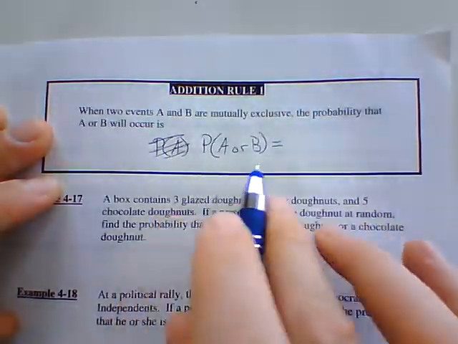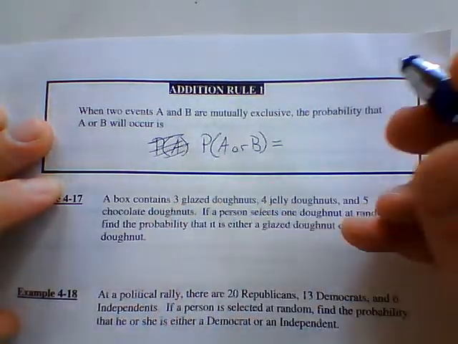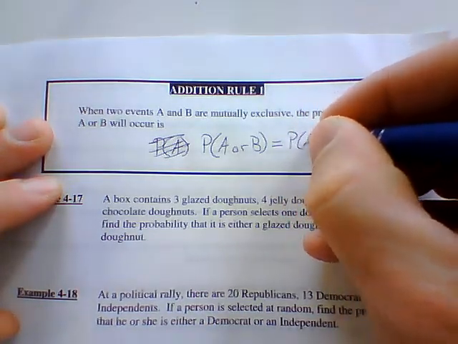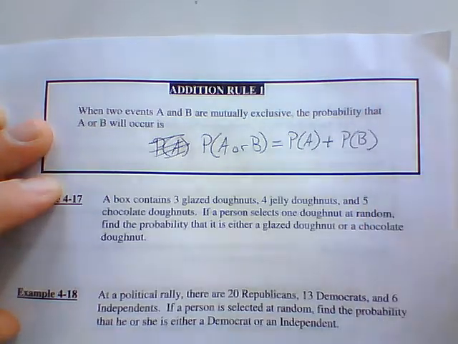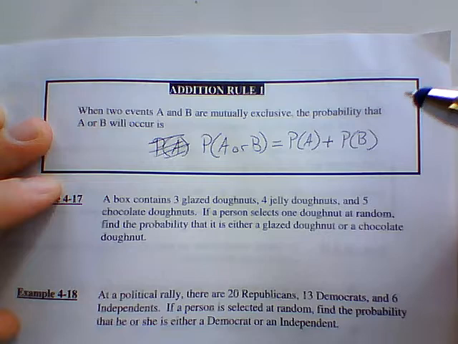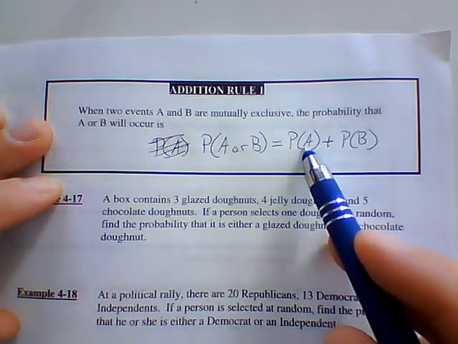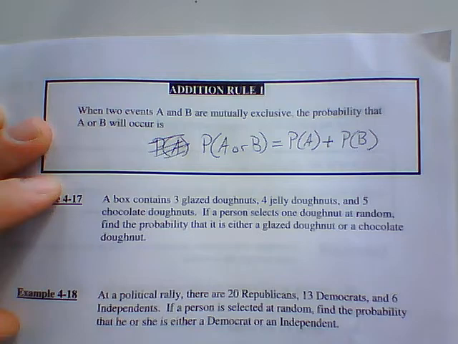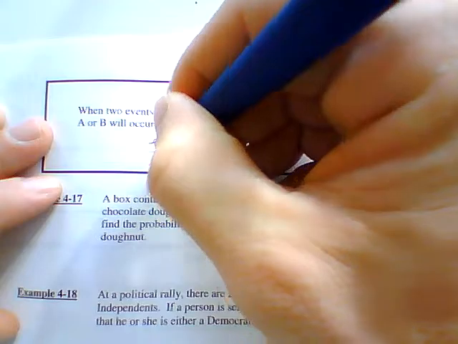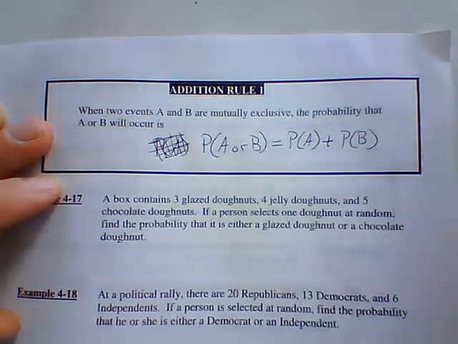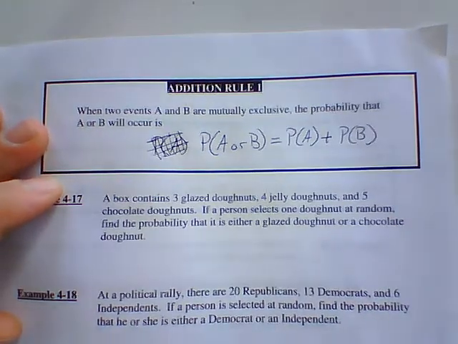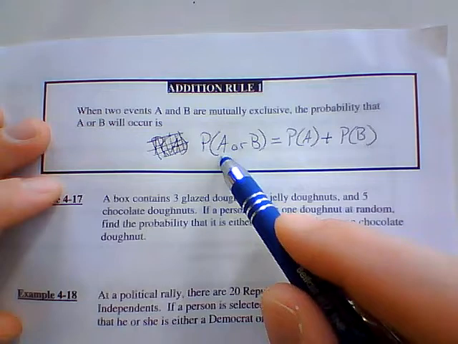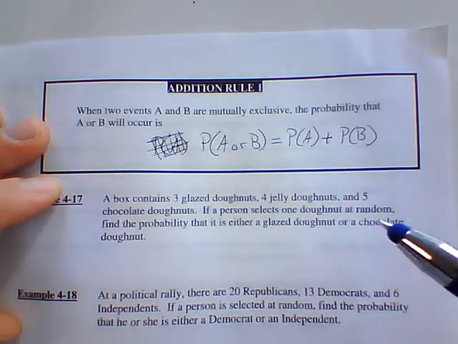If there's no overlap between them, if A is completely separate from B, then that is the probability of A plus the probability of B. Sorry, I started writing it backwards because I've always written probability of A plus probability of B equals that. I apologize. At least it's a video, and half of y'all weren't writing anything down until after you see the whole thing anyways. Alright. So, if I'm looking for A or B, I can look at them separately and add up their probabilities together.